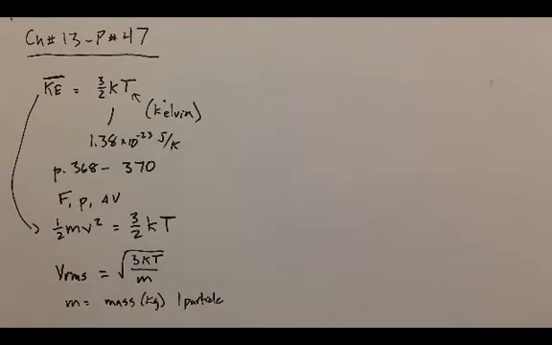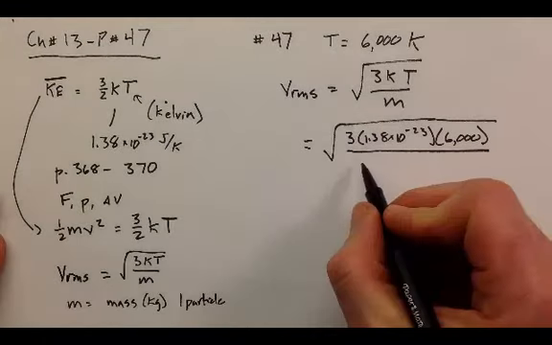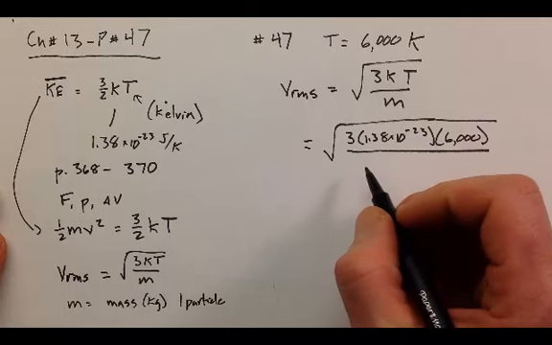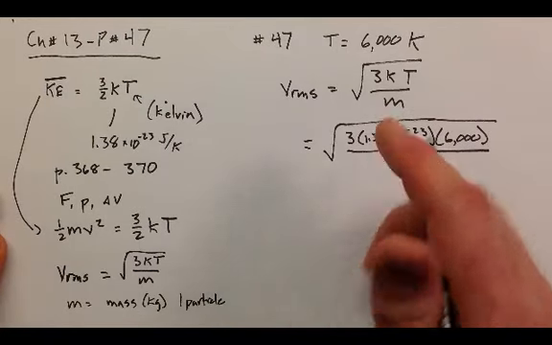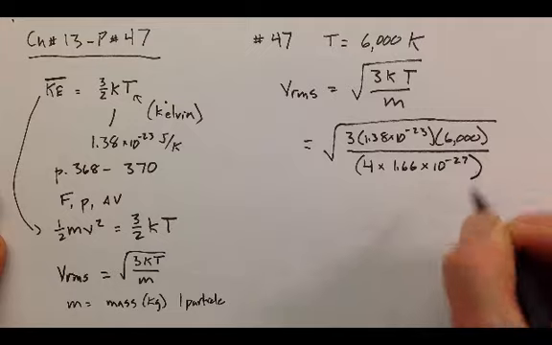So for helium here in the sun, we would do 3 times 1.38 times 10 to the minus 23rd times our temperature in the sun, which is 6,000 Kelvin, divided by the mass of one helium atom. And that mass is approximately 4 AMUs. So that would be 4 times 1.66 times 10 to the minus 27th.